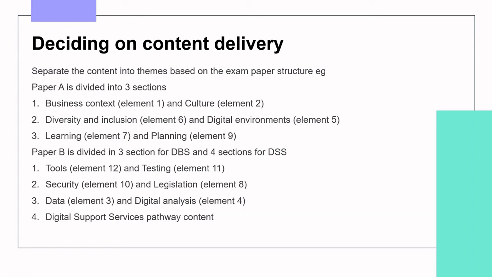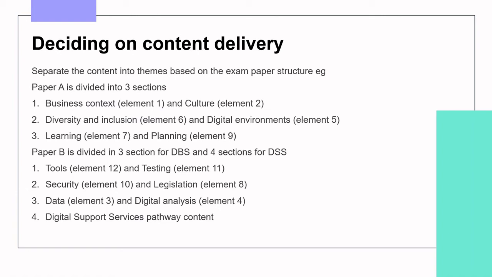Another option that some providers have gone for is to divide the content into themes based around the exam papers. With paper 1, there are 3 sections on that exam paper covering the route core elements 1, 2, 6, 5, 7, and 8.